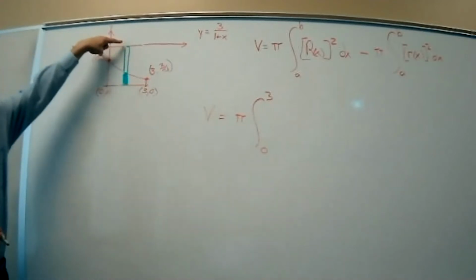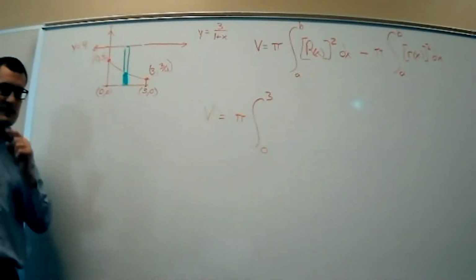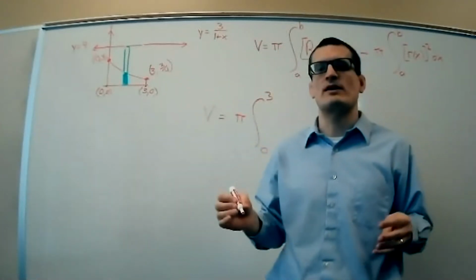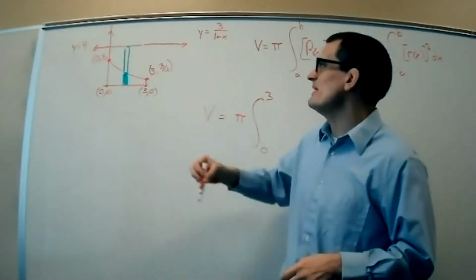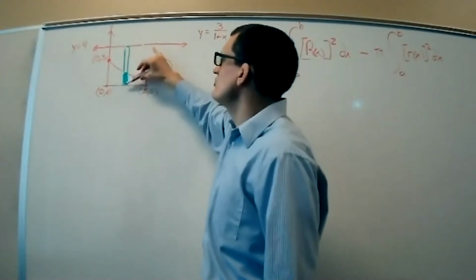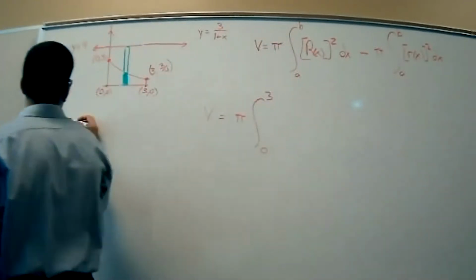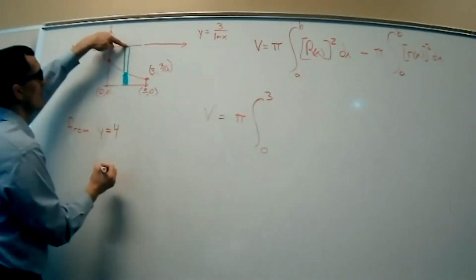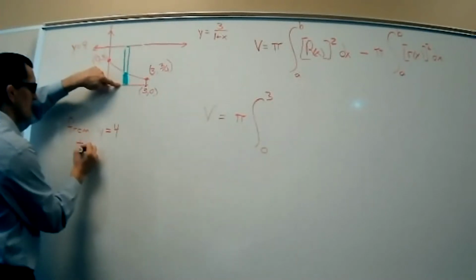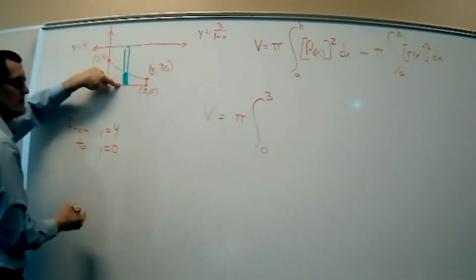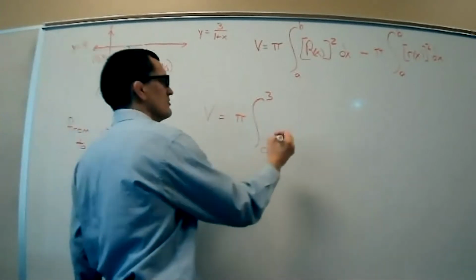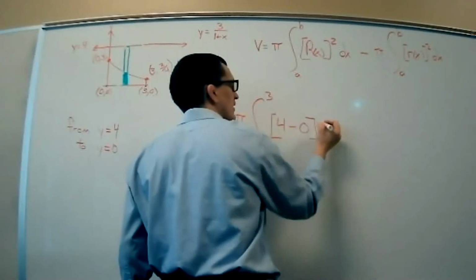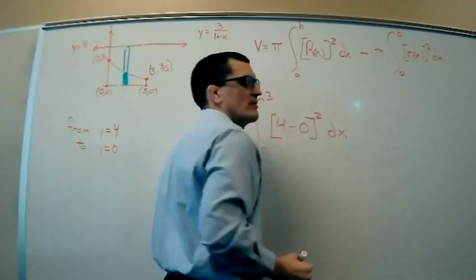The larger radius is a little bit tricky. It doesn't actually matter because we're squaring things, but technically the larger radius goes from y equals 4 down to y equals 0. So the larger radius goes from 4 to 0, and then you square that.